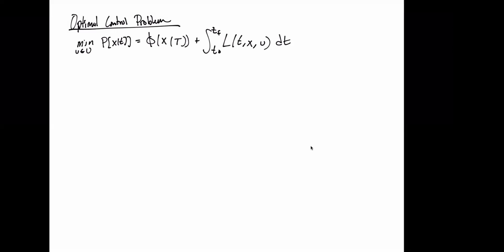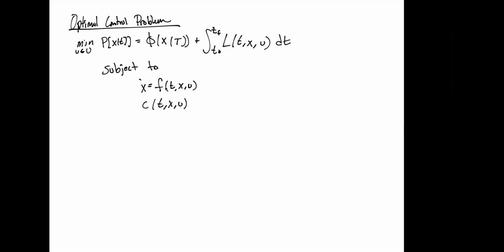When you write that, we say subject to the dynamics of our system, so these would be the equations of motion that we want to solve, and then we want to define an input using these dynamics. We can also define constraints.